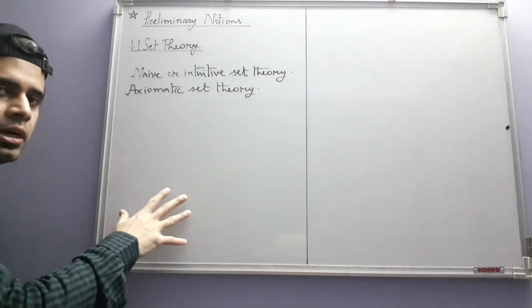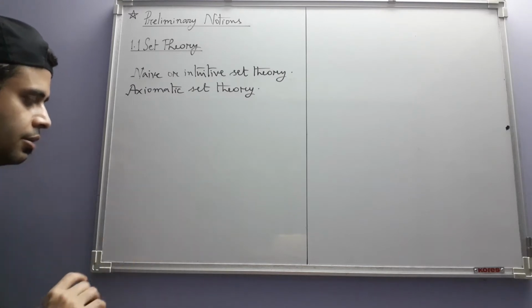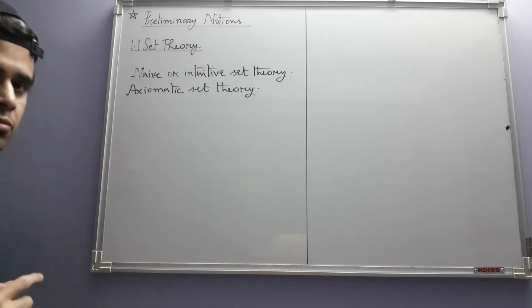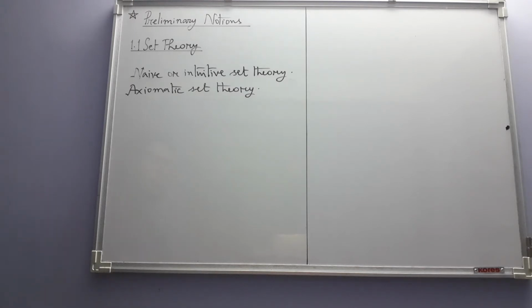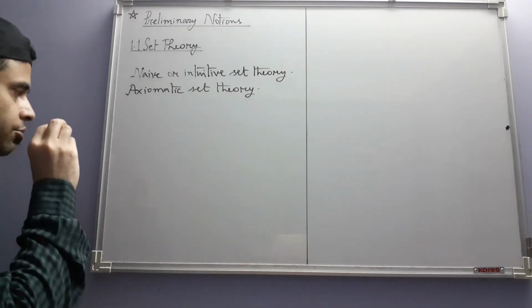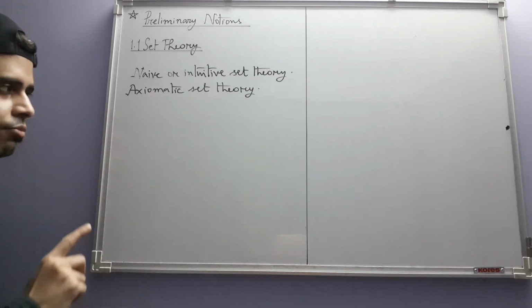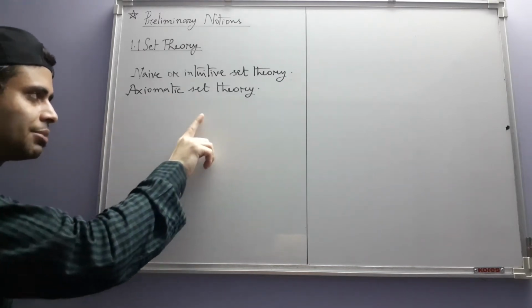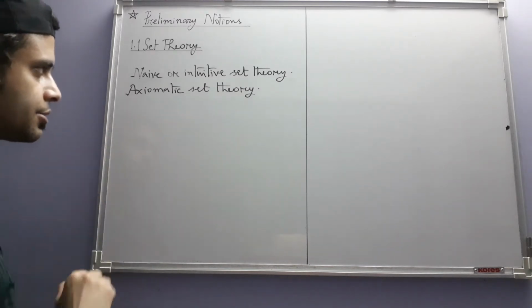We have actually come across one such collection which cannot be called a set. Not because it's not well defined, that's not the question, but because of something else. So to get rid of that situation, we developed axiomatic set theory. We in fact introduced something called the axiom of regularity to get rid of Russell's paradox.